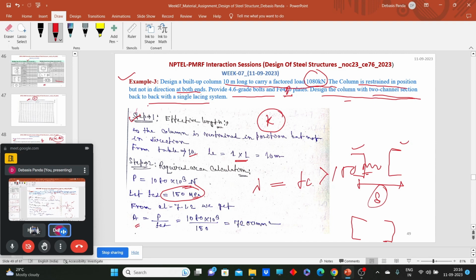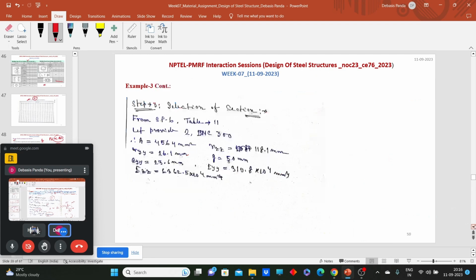So what will be the required area here? A will be 7200 mm square. Now we need to provide 7200 mm square using two channels. So we will go to SP6 and look for which single channel section, multiplied by 2, will be more than 7200 mm square. If we look at SP6, we can see that ISMC 300, Indian Standard Medium Weight Channel section, is meeting our requirement.